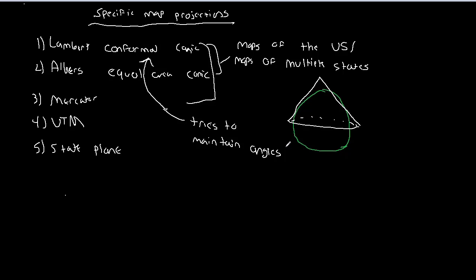What I mean by that, and I don't like saying this because if you read through textbooks you'll see it's not strictly true, but a way to consider this is that conformal tries to maintain shape.